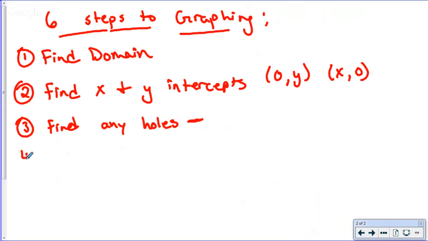Step 4 is to find any asymptotes, which is what we just talked about: seeing where the bottom equals 0, seeing the degree of the top and the bottom, and then dividing for the slant asymptote if needed.